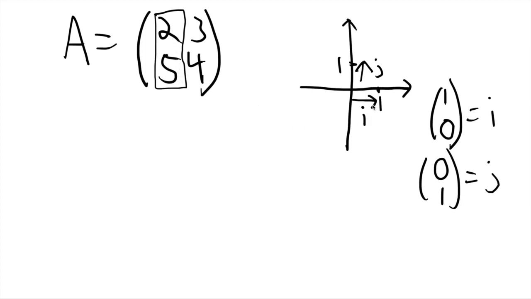So the i vector will end up at (2, 5), and the j vector will be moved to (3, 4). So when we apply this transformation, this is where the new basis vectors, the i and j vectors, end up. And so all other vectors on this plane will follow similar transformations in the i and j direction.